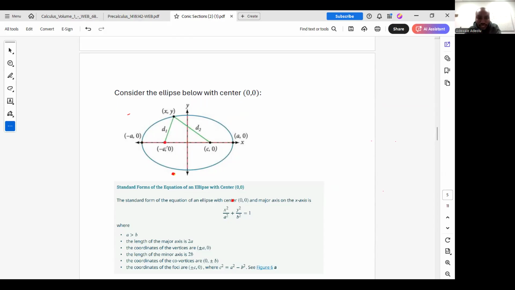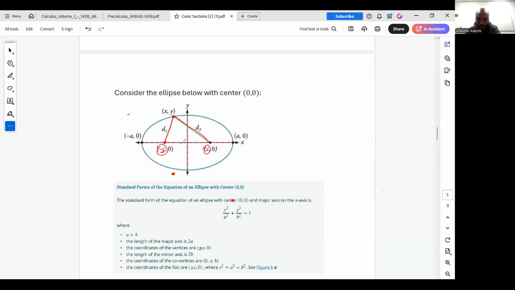We label it negative c comma 0. Remember, because our focus is along the x-axis, that is why we are having x. Then I call the distance from ear to ear D1, the distance from ear to ear D2.